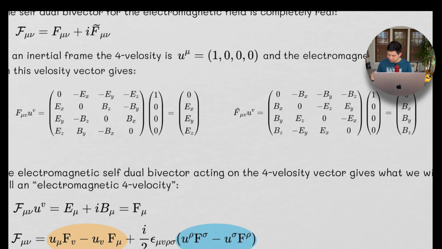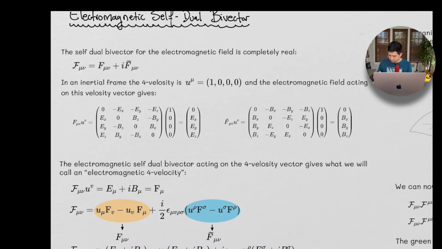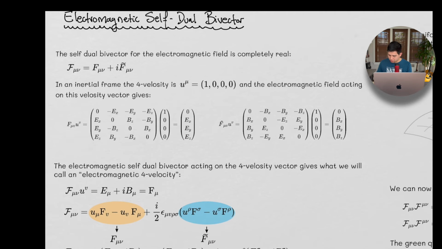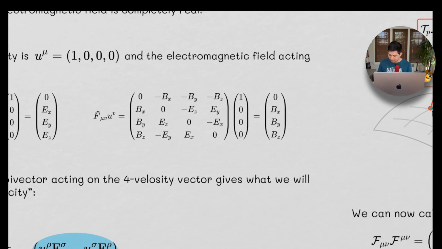We get this. Notice that these are the components of the electric field, right? We have the x, y, and z components. So F mu nu acting on u gives us the electric components, and then the dual gives us the magnetic components, right?